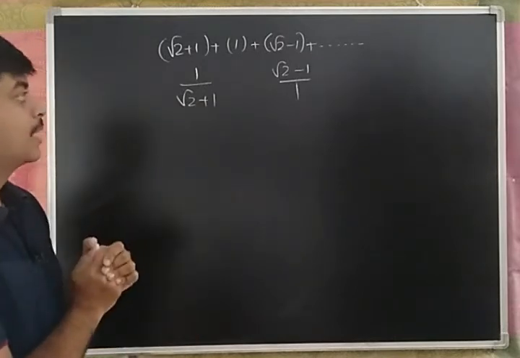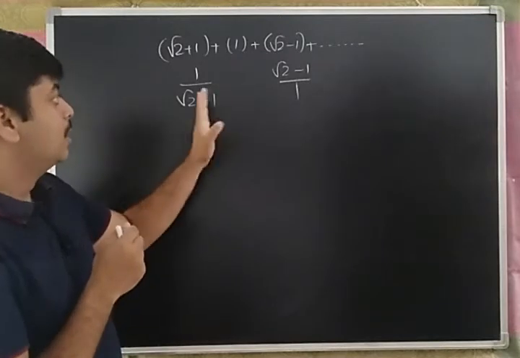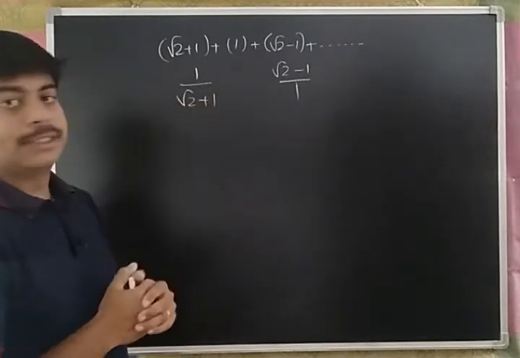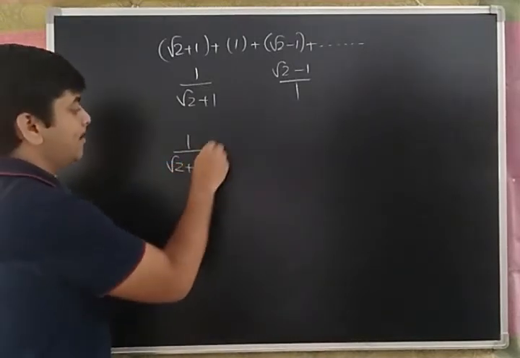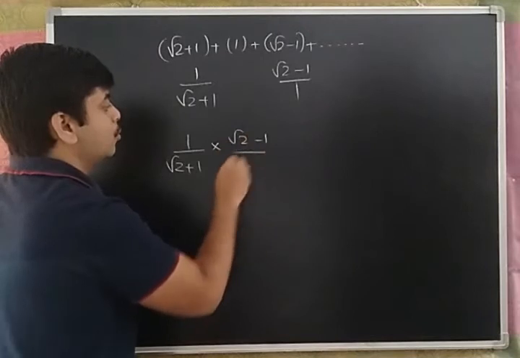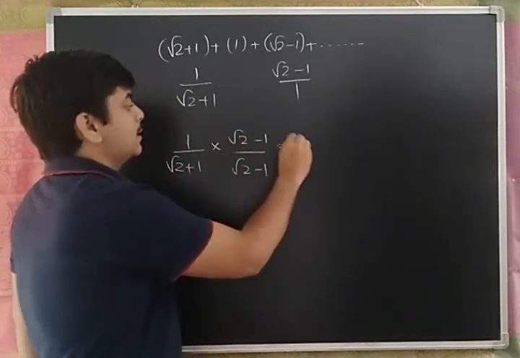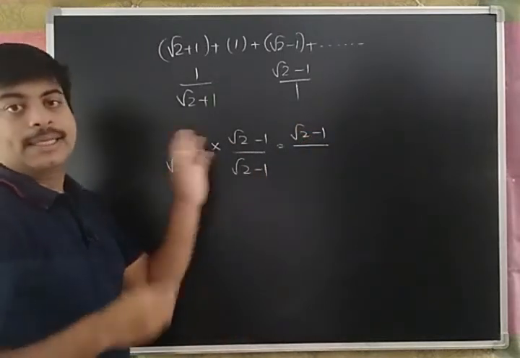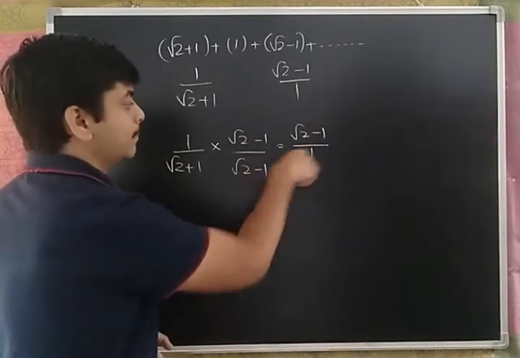Carefully check. These are irrational terms, and we can rationalize the denominator. See here, 1 by root 2 plus 1, I will multiply with root 2 minus 1 by root 2 minus 1. The denominator is a plus b into a minus b, that is a square minus b square. Root 2 square is 2, 2 minus 1 is 1.